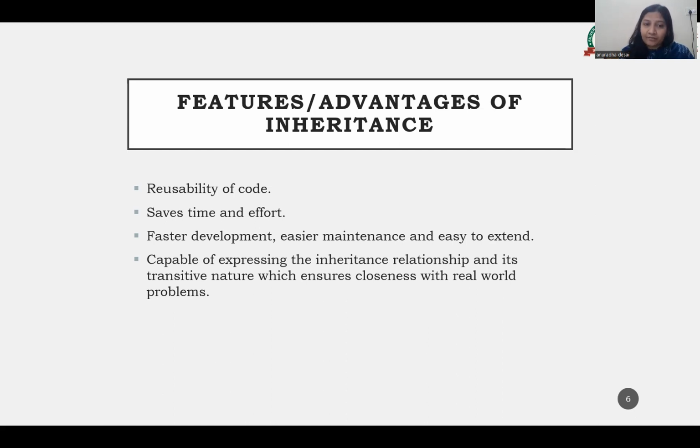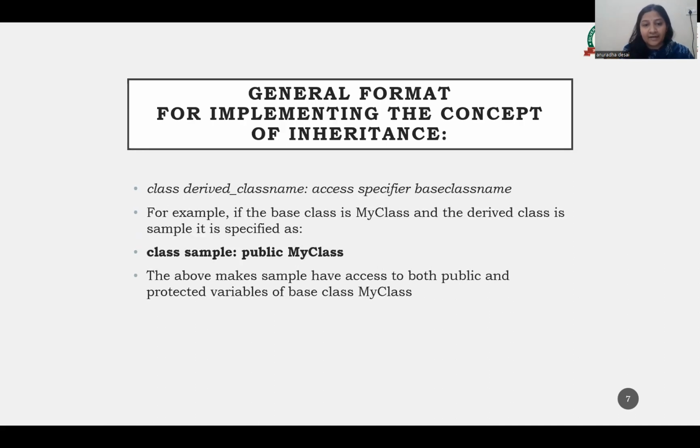So reusability of code saves time and effort. It means faster development because development time decreases, and it is easier to maintain and easy to extend. It is also capable of expressing the inheritance relationship and its transitive nature, which ensures closeness with real world problems. So these are the advantages and features of inheritance.